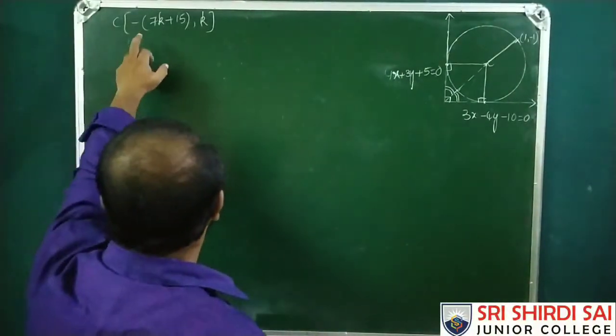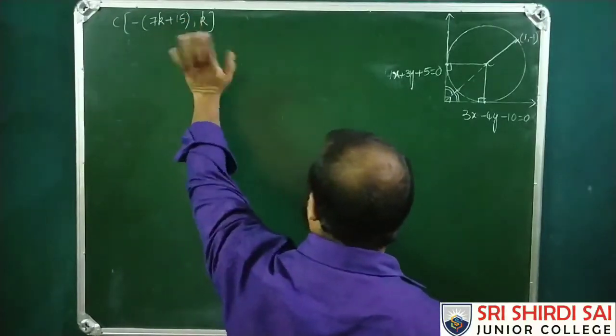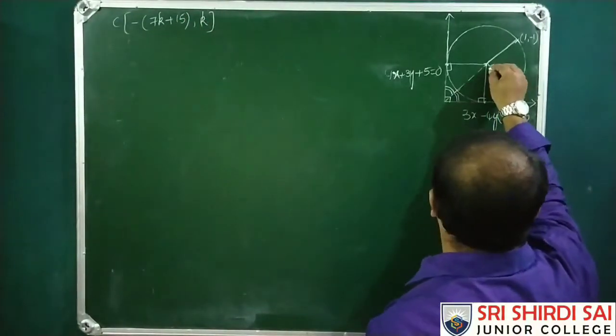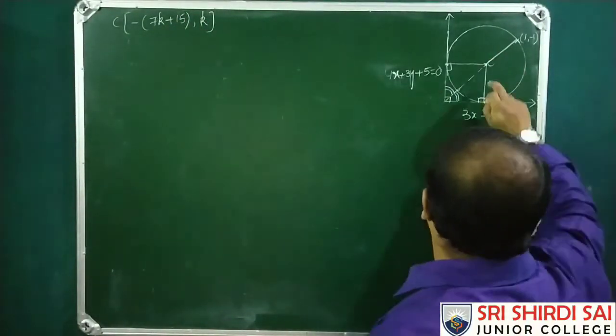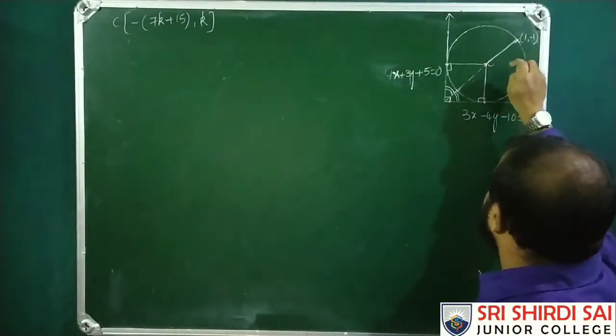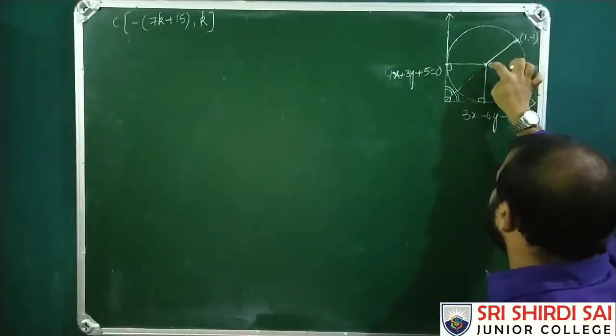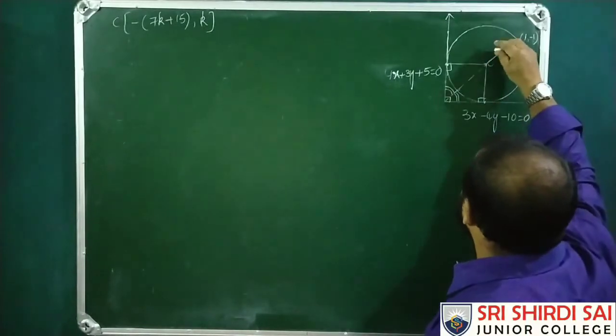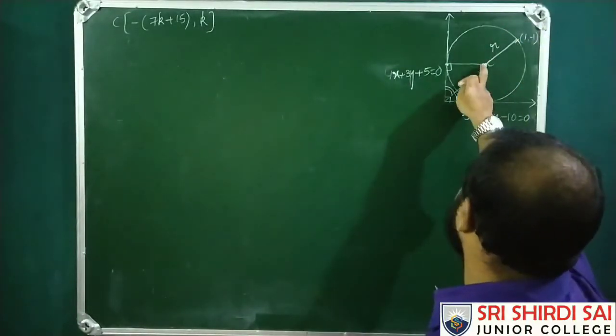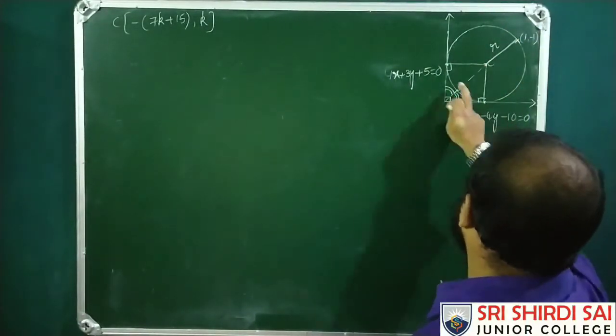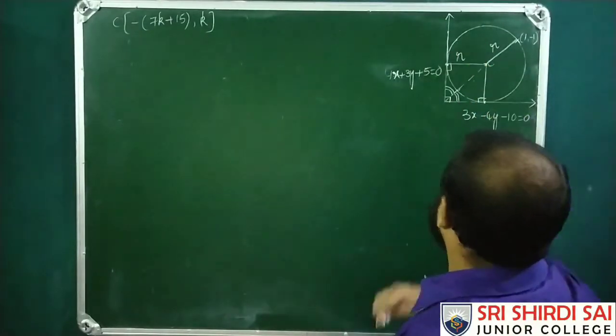Now C is minus of 7k plus 15 comma k, so that is this, okay, and the distance from this point to center gives us a radius. Similarly, the distance between this to this line or this line also gives the radius.